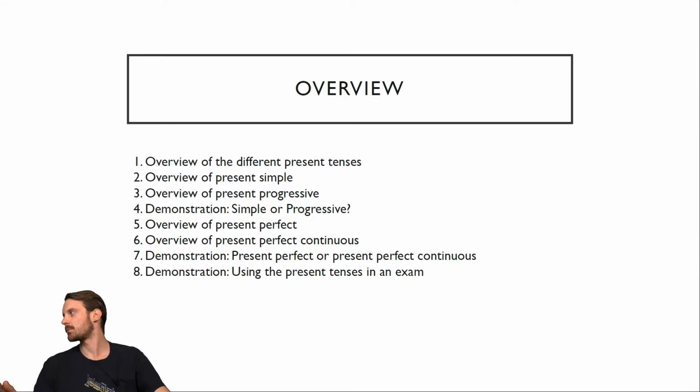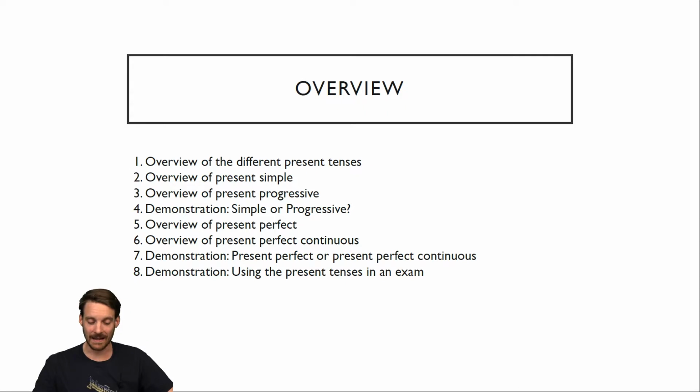Progressive, continuous, and the ing form sometimes, yeah, it's called the ing form sometimes. So don't get confused with those terms, it's just different terms used for the same thing. I know it doesn't make any sense, but yeah, that's how it is.